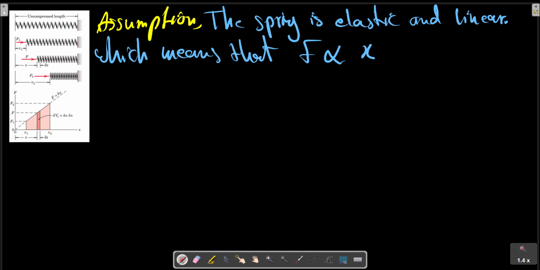We write this relation F equals kx, where k is the spring constant or stiffness.